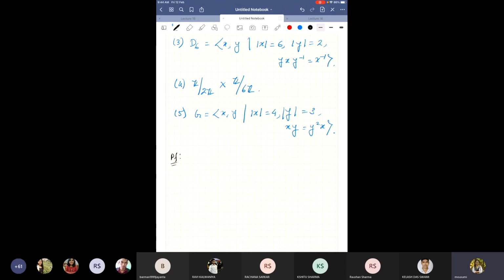The classification of groups is not an easy problem. If you give any arbitrary number n and ask what are the different possible groups of that order, it is not an easy task. Sometimes if these numbers are of a particular form, then you can conclude, but in general it is not so easy.